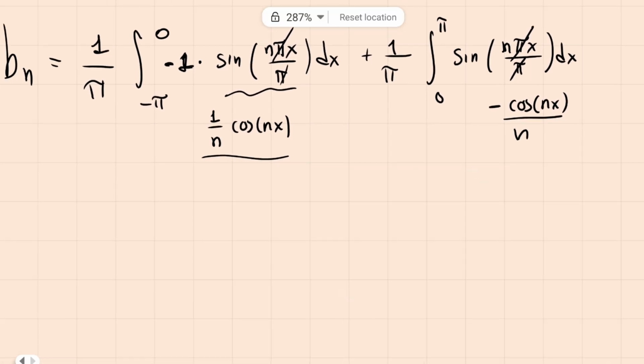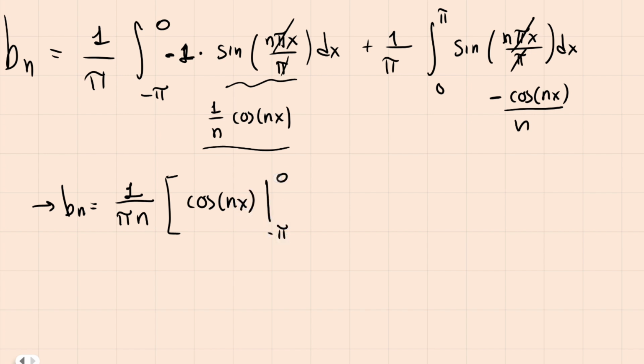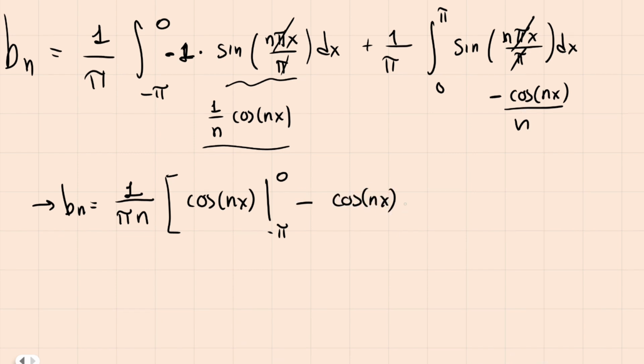Perfect. So if we rewrite this, we are going to get that b sub n is equal to 1 over pi times 1 over n. And we can take that factor out, so we are going to get 1 over pi n times cosine of n times x from negative pi to 0, and then plus, actually minus, cosine of n times x from 0 to pi. Perfect.